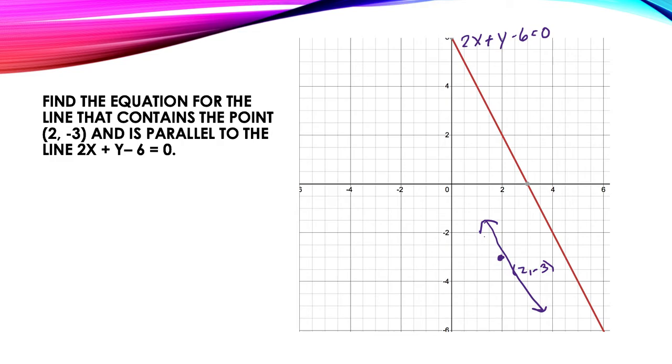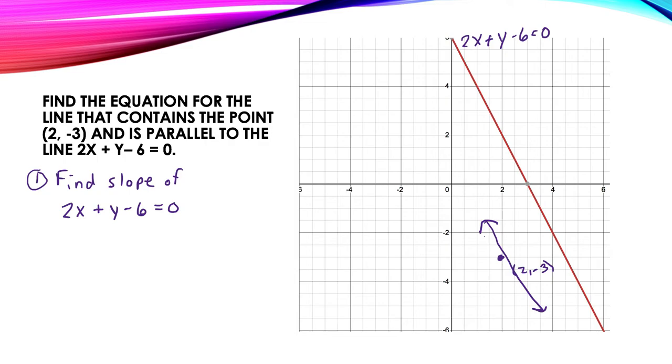All right, so what I need to do first is take the line that they've given me and find the slope. How do we find the slope of a line when it looks like this? Remember that the only way that we can look at the slope of a line is if the line is in slope-intercept form, which means that we need to solve it for y.